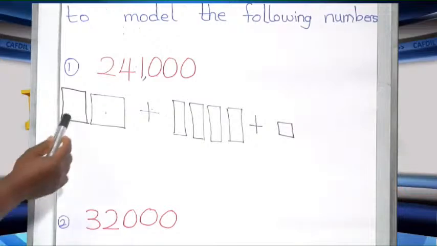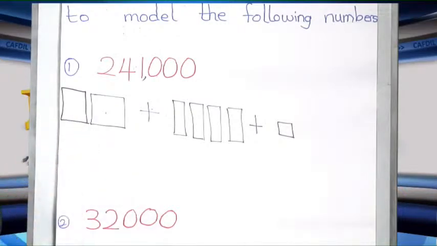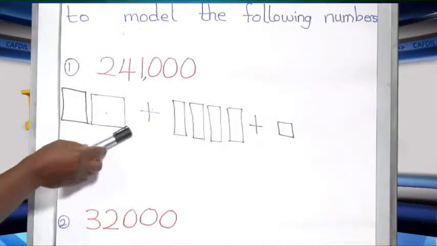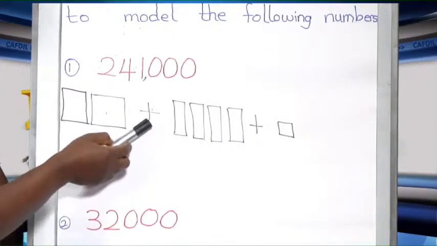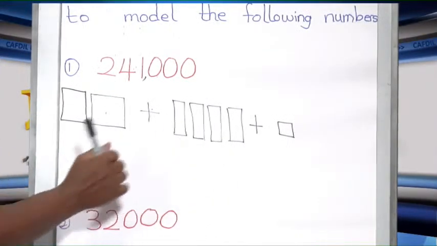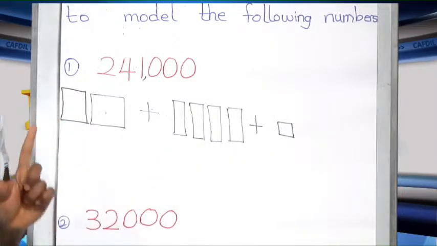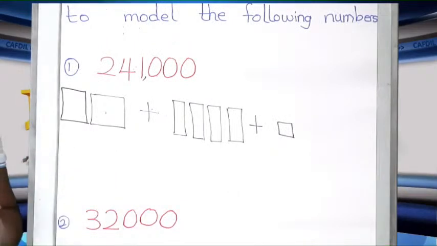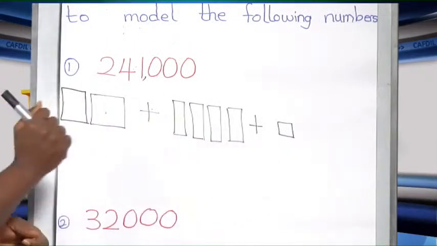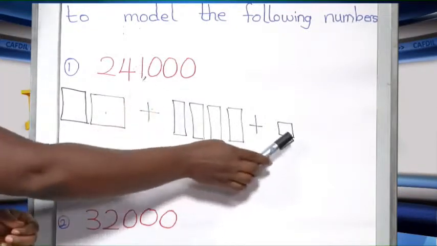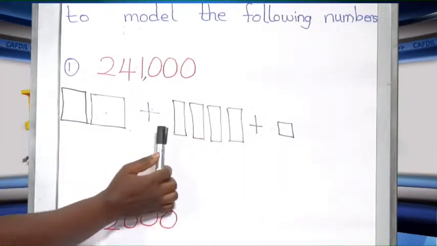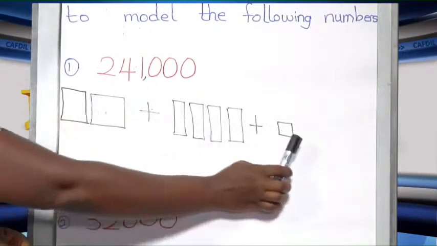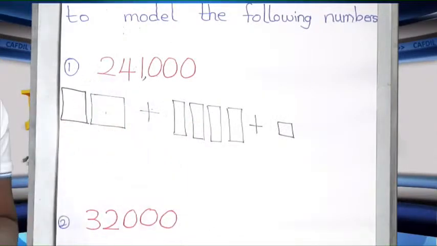Very good. A flat is 100,000, so 2 will give us 200,000, plus 4 of the rods, and a rod is 10,000, so 4 will give us 40,000, plus 1 unit, and the unit is 1,000. 200,000 plus 40,000 plus 1,000, when we add, we will get 241,000.